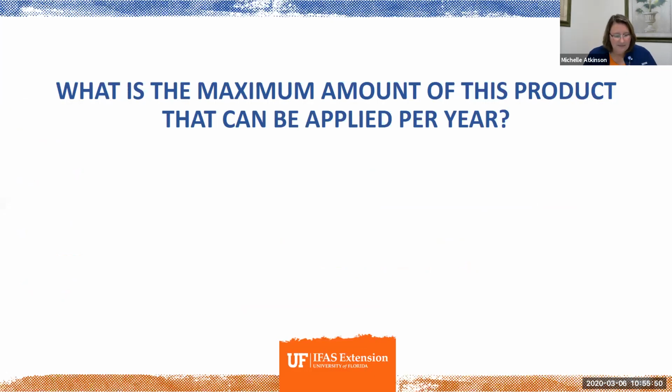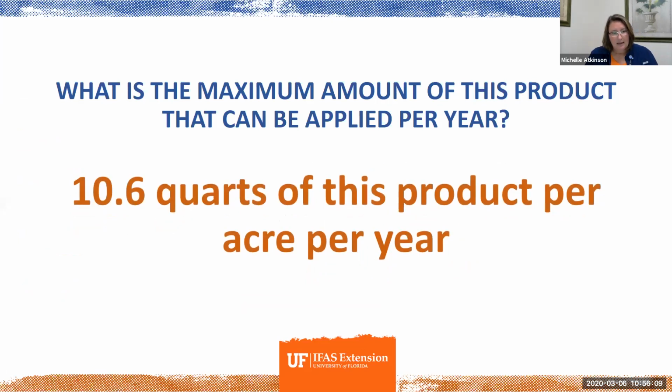Okay, so if you haven't found it yet, look on the second page. In the second column of the second page, come down to the middle of the page, and it talks about the annual maximum use rate. And you will find that first sentence has the statement 10.6 quarts of this product per acre per year. That's the maximum.